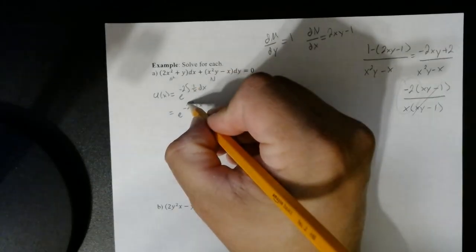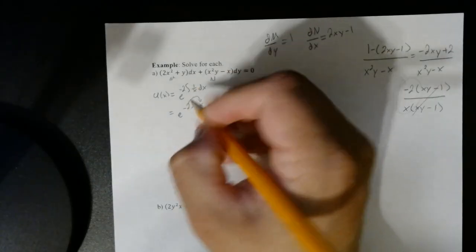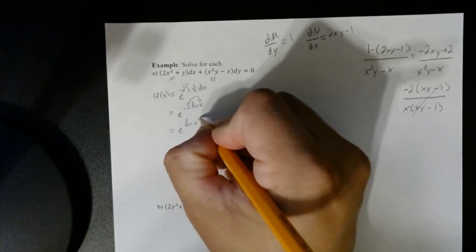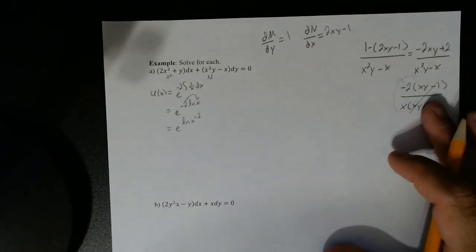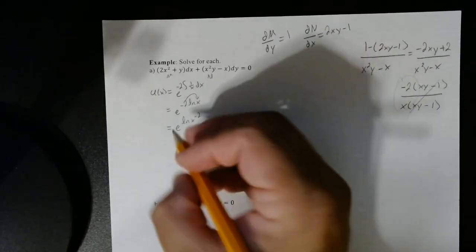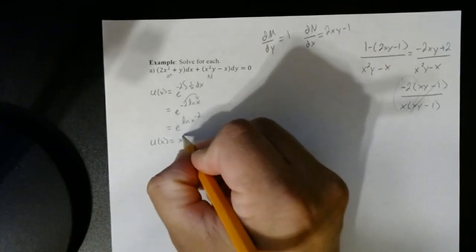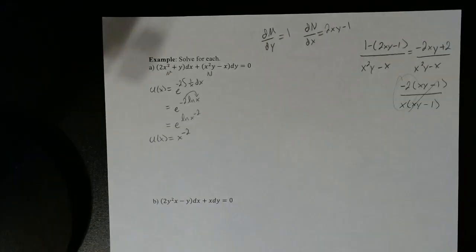Going back to properties of natural log, I can bring it to the power itself. Now e and natural log cancel, so our integrating factor is just going to be x to the negative 2 power. We're actually almost done now.